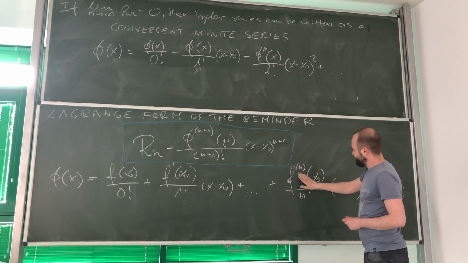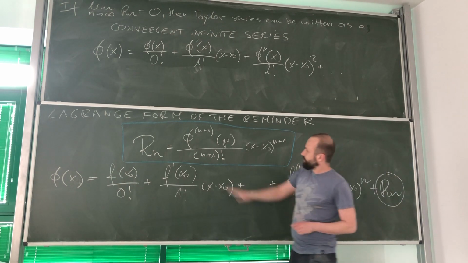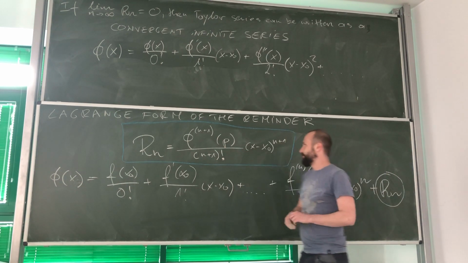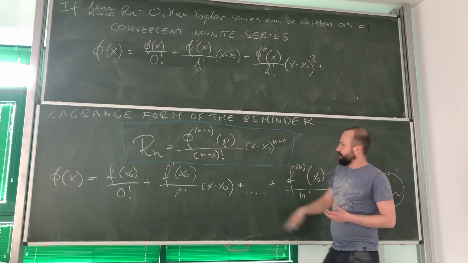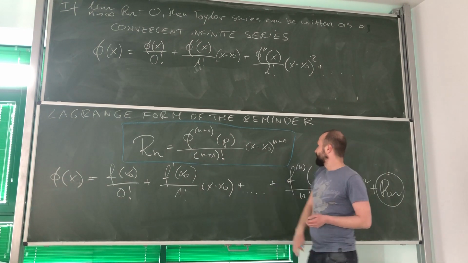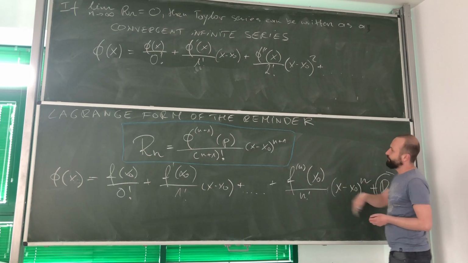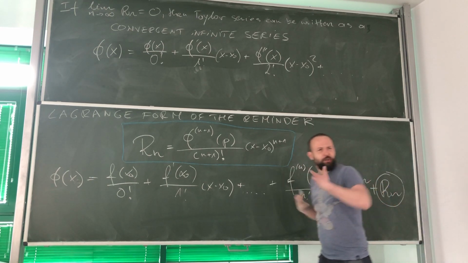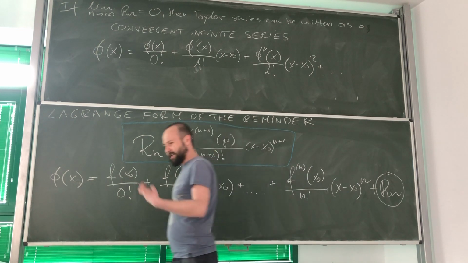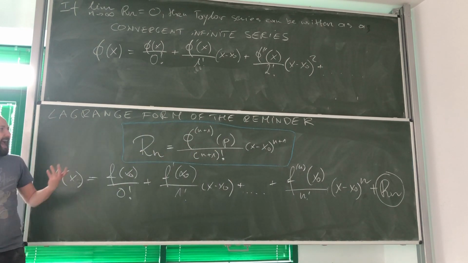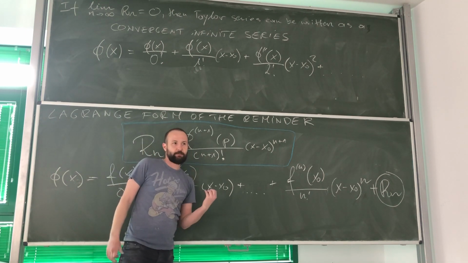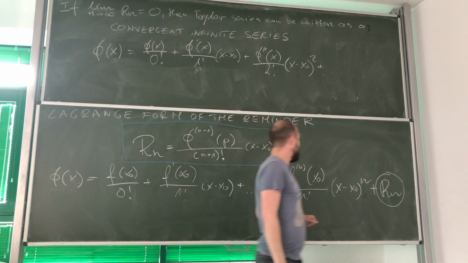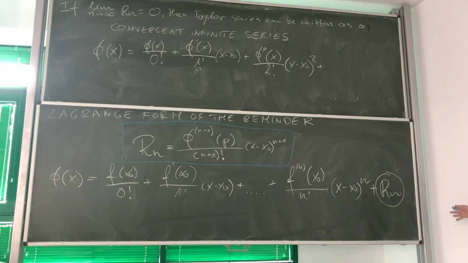Here we've got the nth derivative, here we've got the n plus 1 derivative of f. Here we divide by n factorial, here we divide by n plus 1 factorial. Here we are taking to the power of n plus 1. It all makes sense. What we are actually adding up is the next element that would totally fit in here, with one exception.